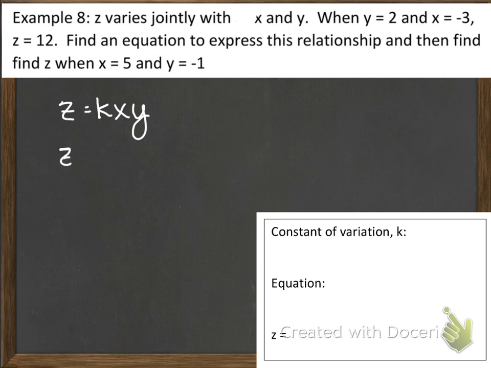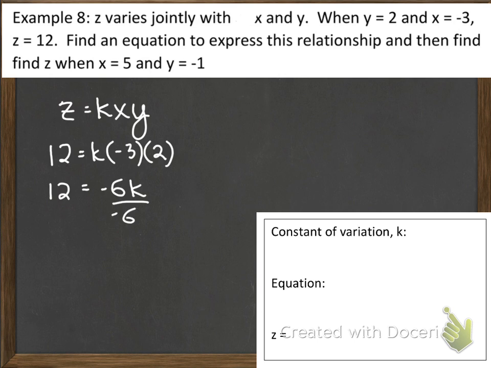Then we're told that when y equals 2 and x equals negative 3, then z is equal to 12. So we can use that piece of information to find k, our constant of variation. So we have 12 equals negative 6k.